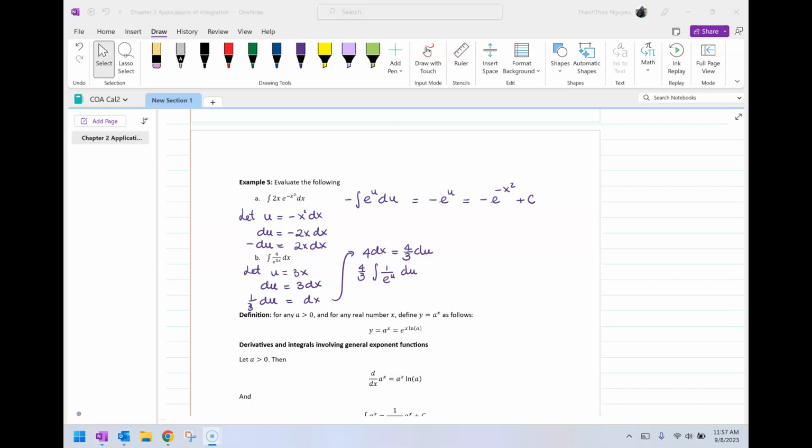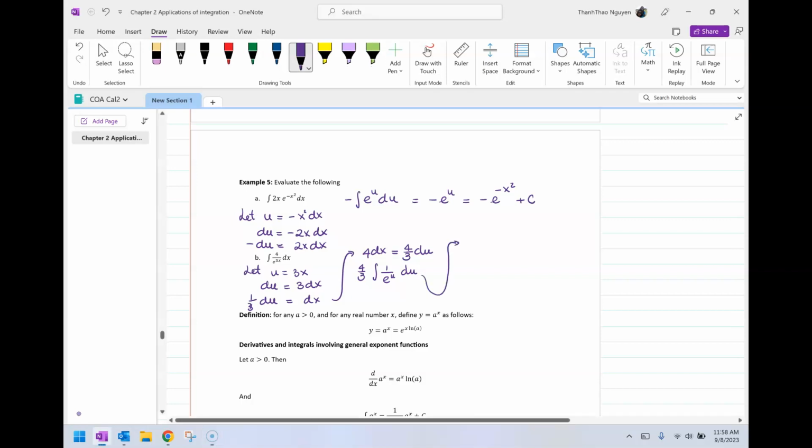So this is the same as saying that I have 4/3 times the integral of e to the negative u du.